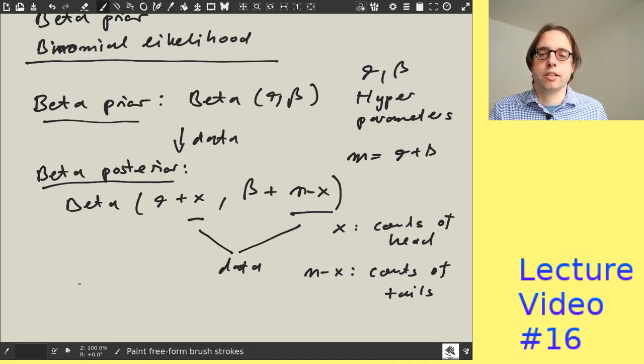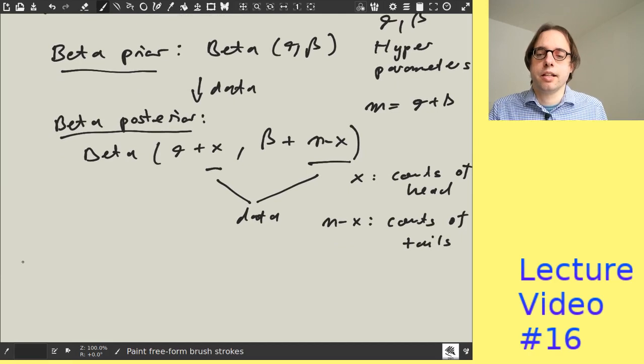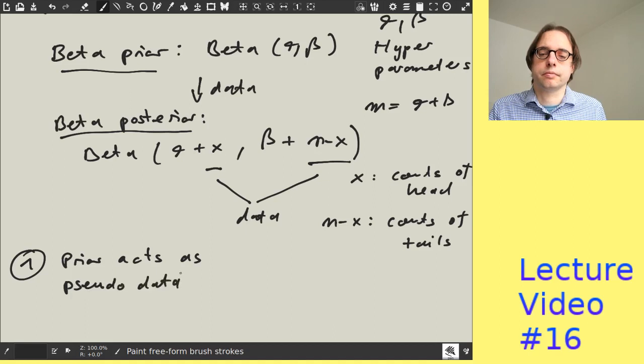And it turns out, that's the first property: the prior acts as pseudo data. So it really acts like data, and this alpha and beta are actually pseudo counts.